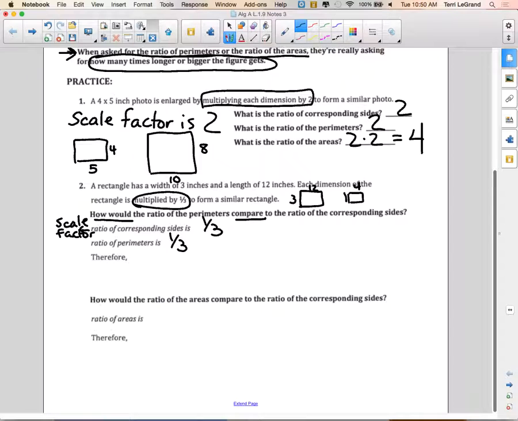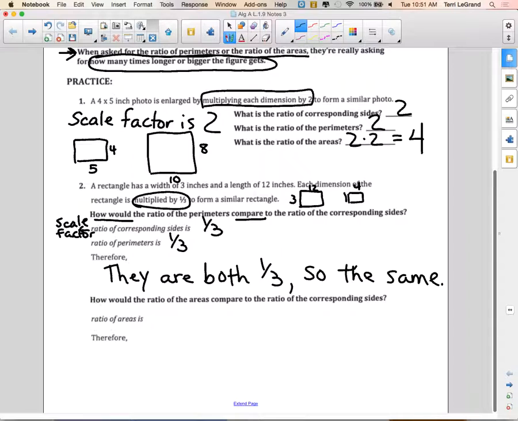What would we say? They are both 1/3. So the same.